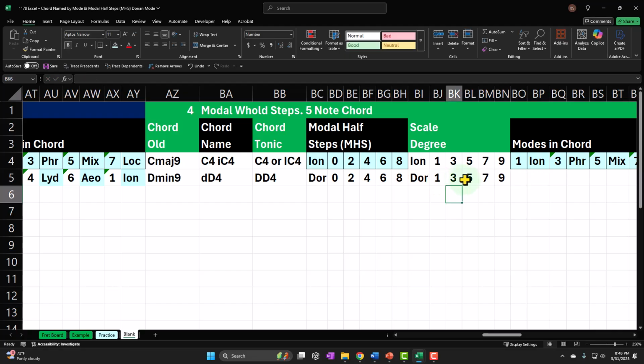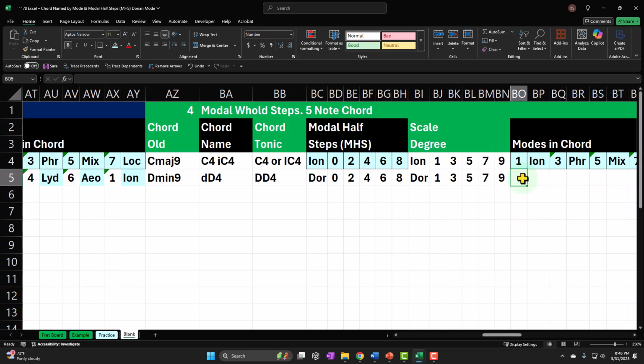Boom. Now notice these scale degrees. Now I have a 9 here, right? So the 9 is, in essence, the 2, because there's only 7 notes in the scale.